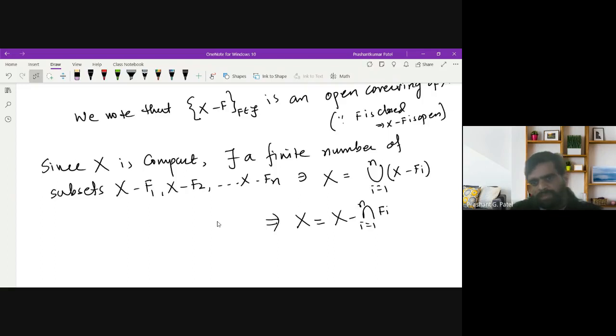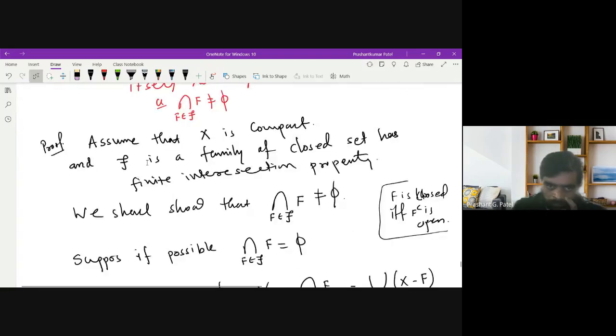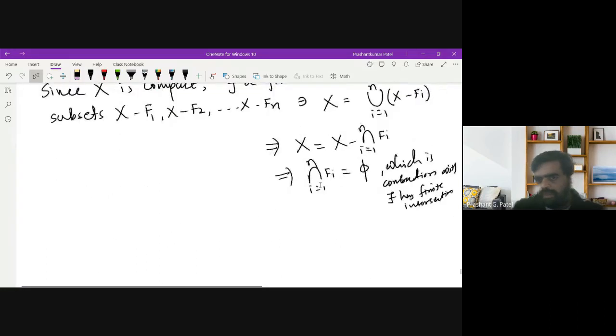Now X minus something: you have one set and you are subtracting some quantity from it, and the result is the empty set, so equality holds. So that's why this intersection should be empty, which is a contradiction with script F having the finite intersection property, because we have taken that script F has the finite intersection property, but it violates this result.